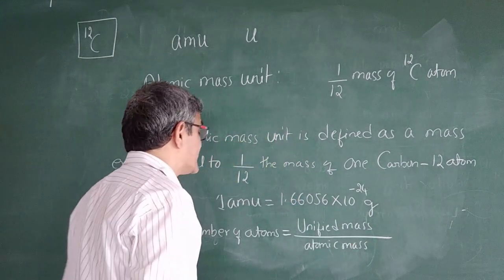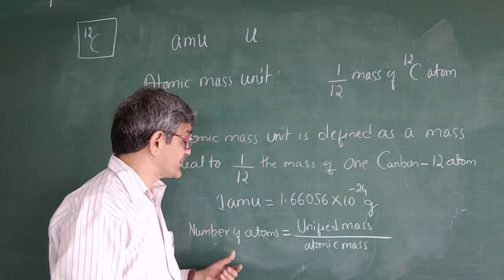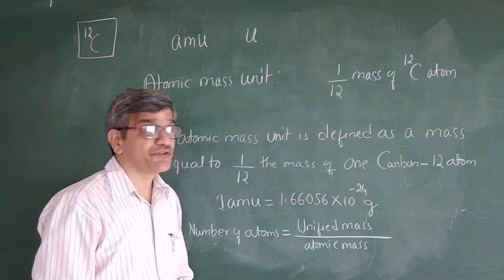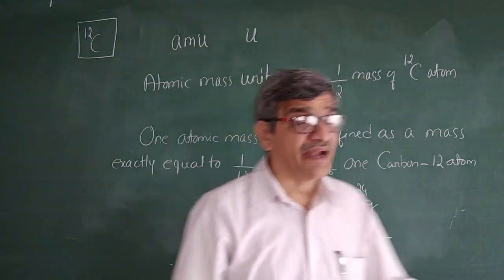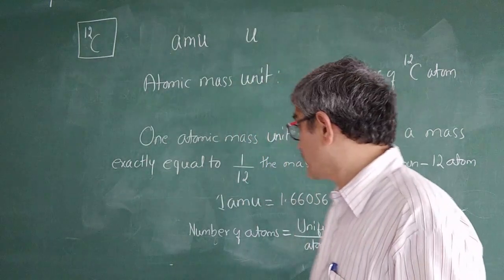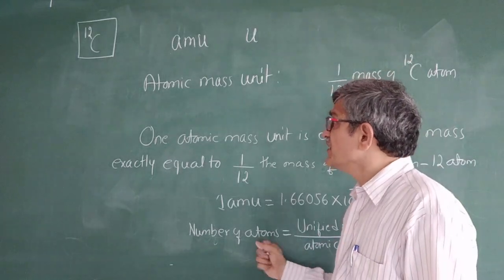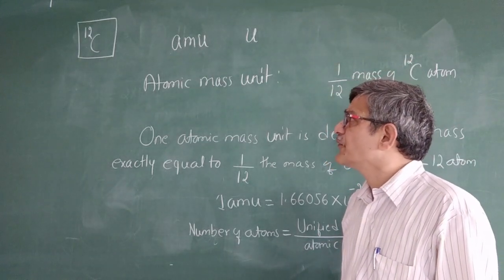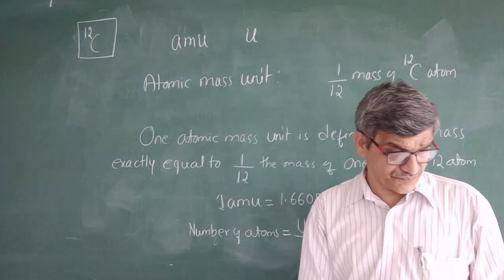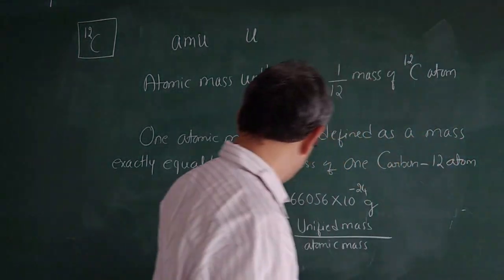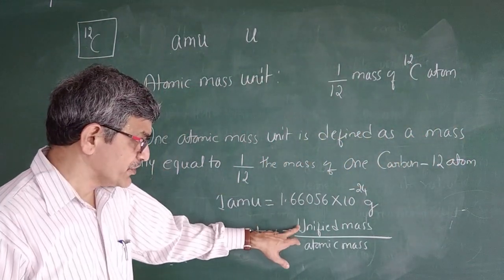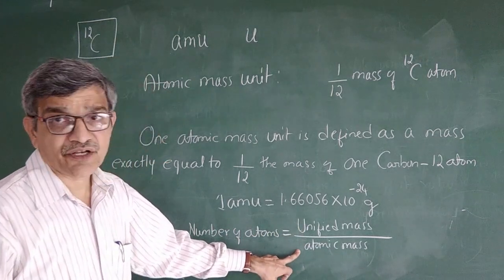How many number of atoms are there? We can calculate them. Okay, so the formula is the unified mass divided by atomic mass. Okay, so I will consider the numerical problems of this in the next video. So note on this: number of atoms equals unified mass divided by atomic mass.